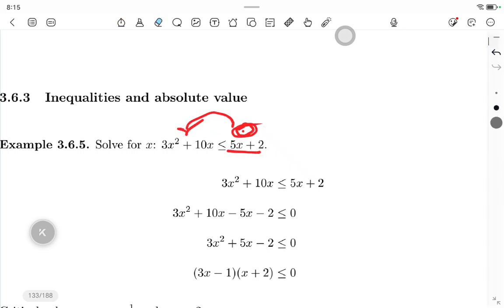In other words, you should always have a 0 here. So we take the 5x to the other side, and the 2 to the other side. Then we simplify it, and now we have less than or equal to 0.